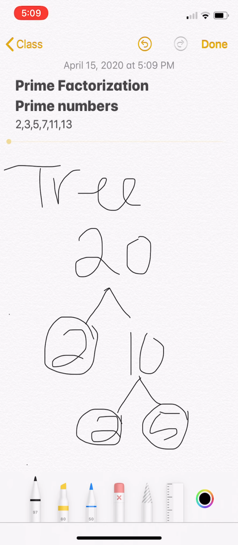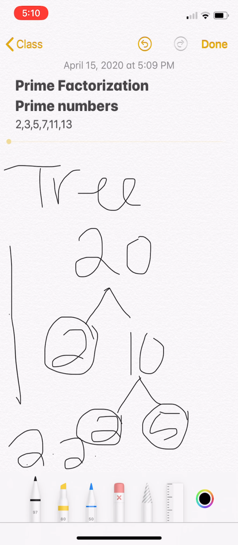So the number 20 breaks down into 2 times 2 times 5. If you were to actually multiply those, 2 times 2 is 4 times 5 is 20. So that does give you 20.